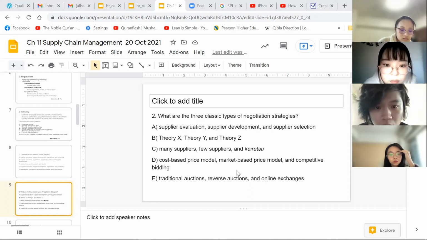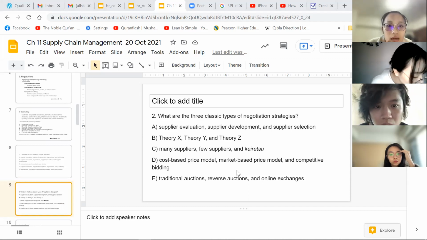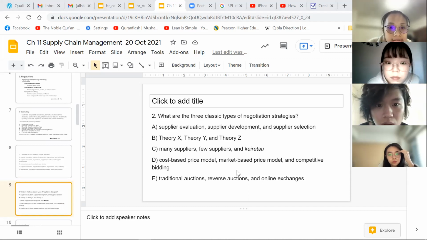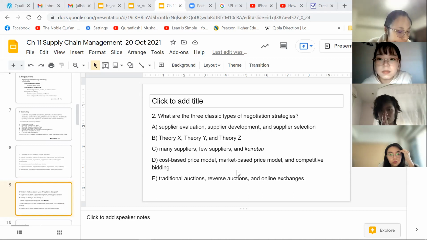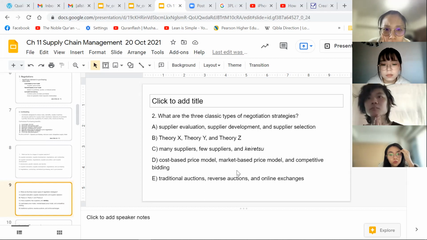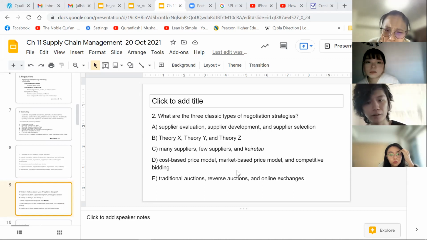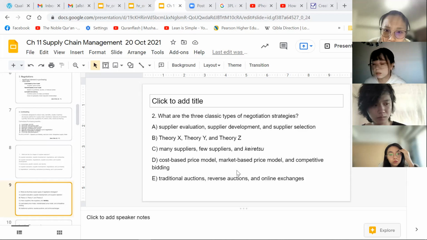What are the 3 classic types of negotiation strategies? Very straightforward. 3 out of 3 got it right. 2 more responses needed.